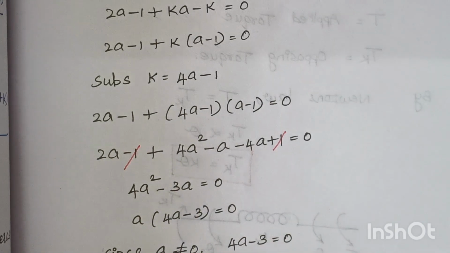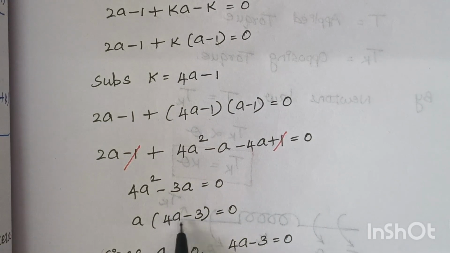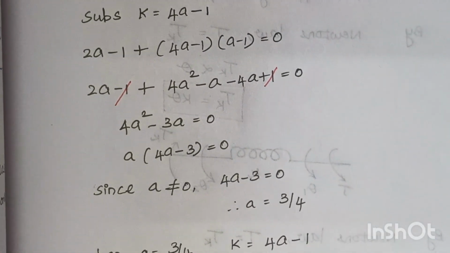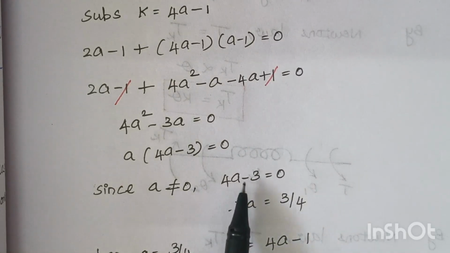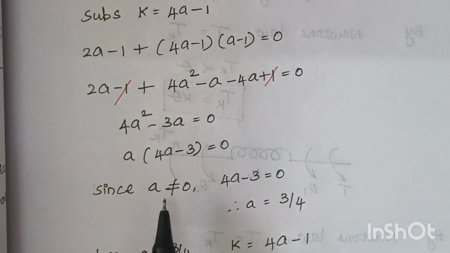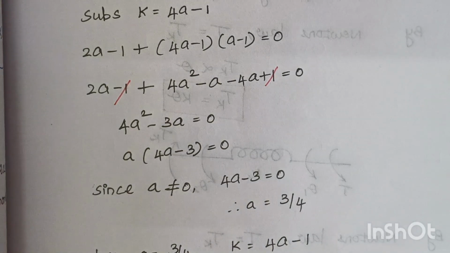Here, when you take a commonly outside, we are getting a into 4a minus 3 equal to 0. So when you equate both the terms to 0, that is a equal to 0 and 4a minus 3 equal to 0. Here we are mentioning that the value of a should not be equal to 0. Why?